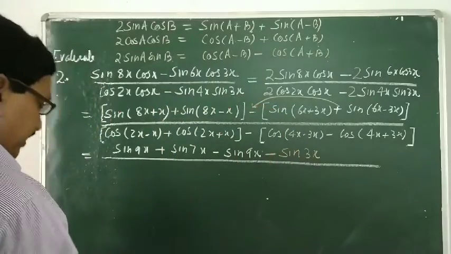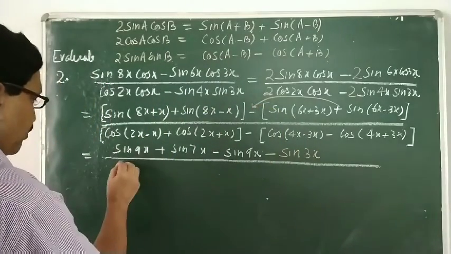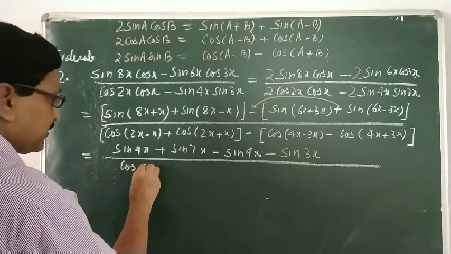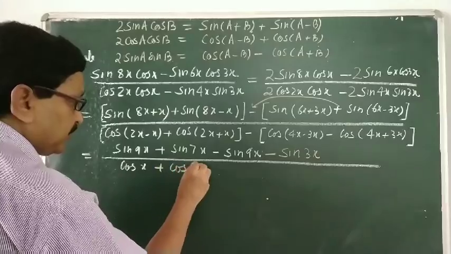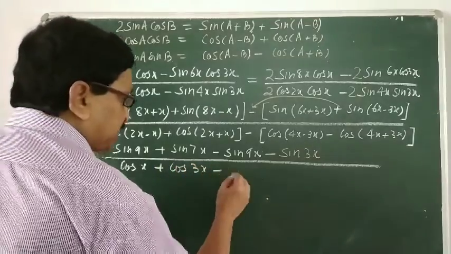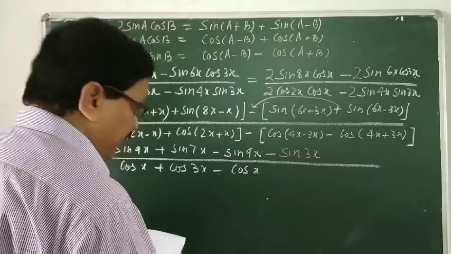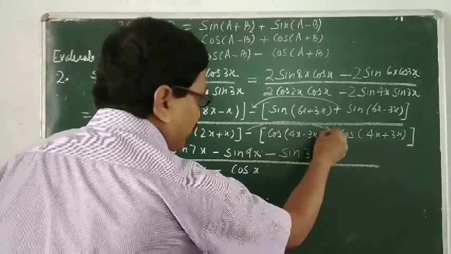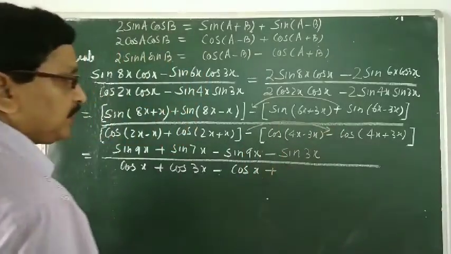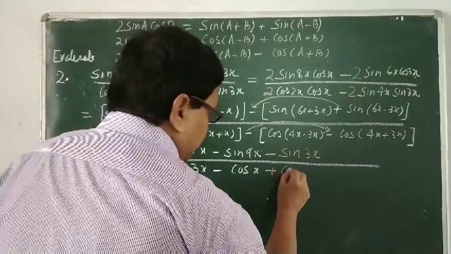Now come to the denominator. Again, this is cos x plus cos 3x minus cos x, and once more this minus will make this positive, plus cos 7x.